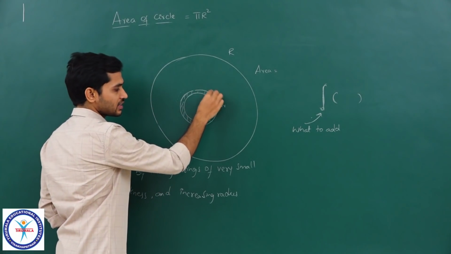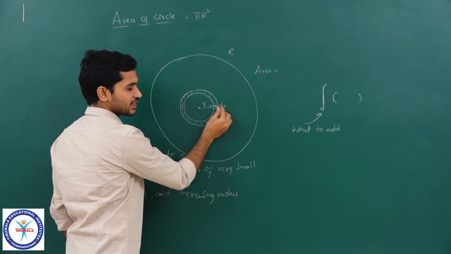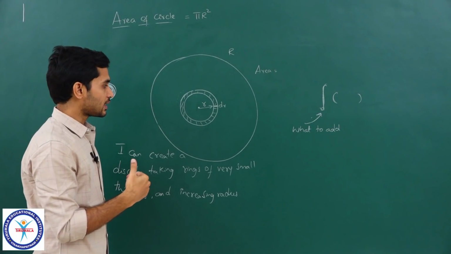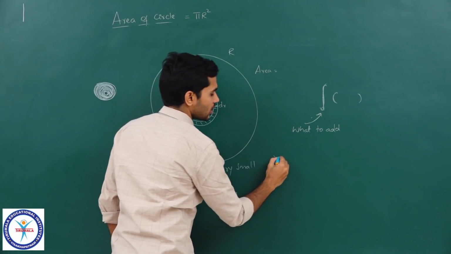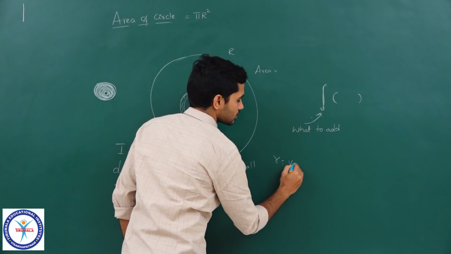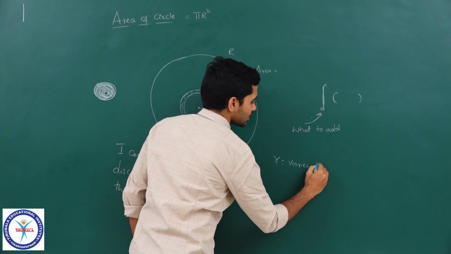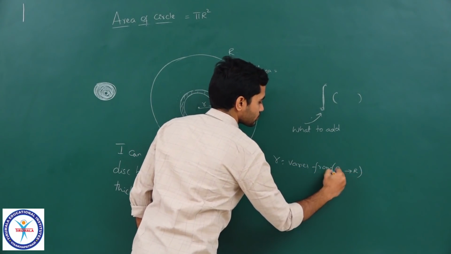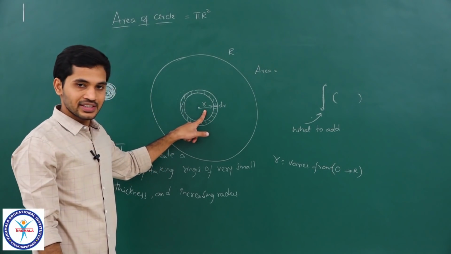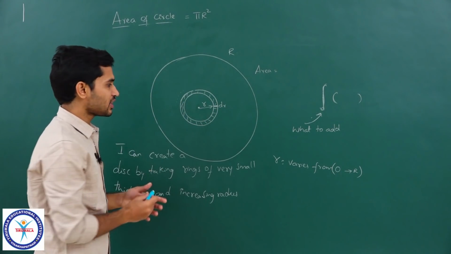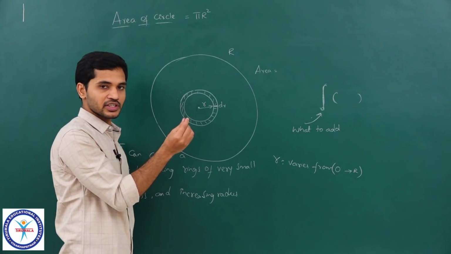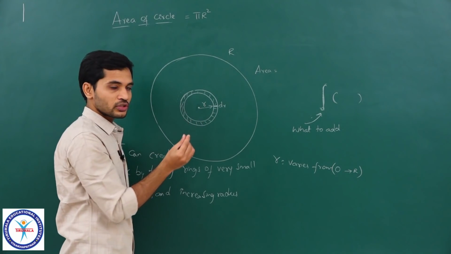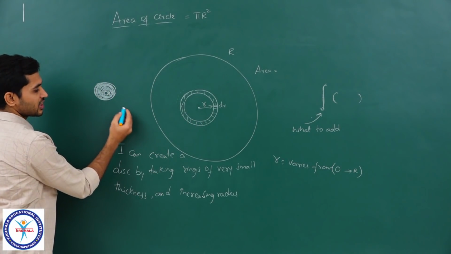So I have taken a ring of radius r and thickness dr, and what I am saying is, if r varies from 0 to capital R, which means I am starting with a very small ring of almost 0 radius, which would be the one which I started here with.